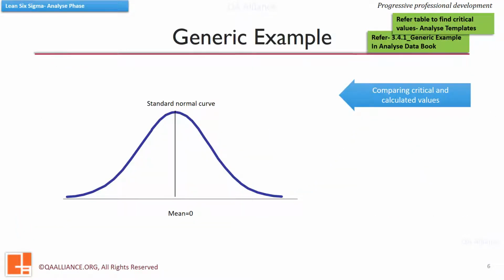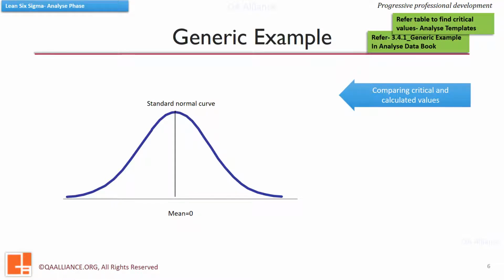Let us understand the significance of this with the help of this standard normal probability curve. In this graph, the mean value is 0, let's plot it on the x-axis. Under this curve, the total area is 1, meaning the total probability is 1. Now we want to find the point beyond which the area is the rejection region, which we have already set as 0.05, the alpha.